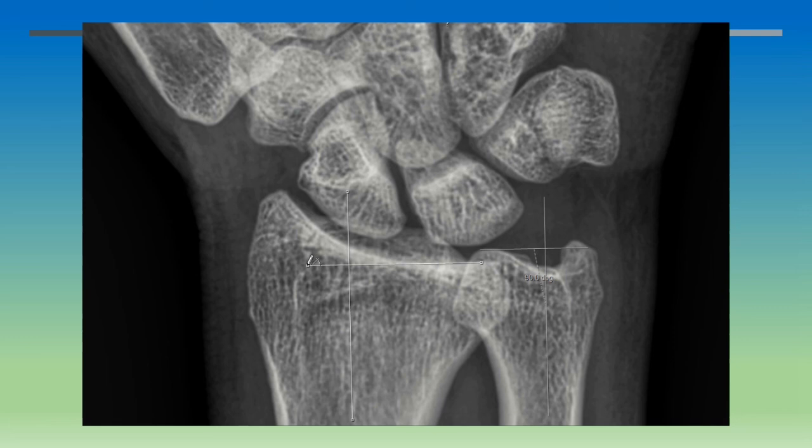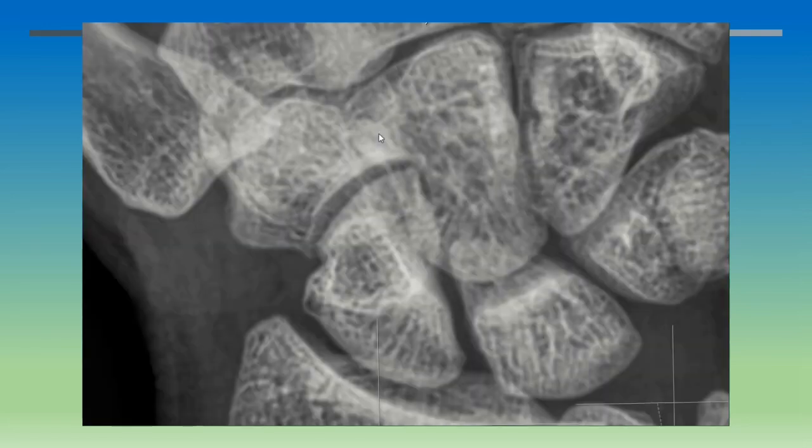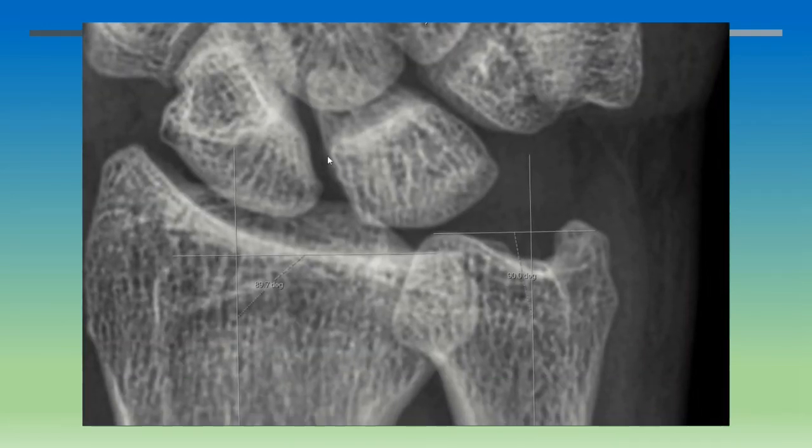And we make sure that that's a perpendicular line at approximately 90 degrees. And if we blow that up even further, and we make our measurement here of the ulnar variance, we can see that the ulnar variance has increased from 1.1 to approximately 1.8 or even 2 millimeters of ulnar variance.